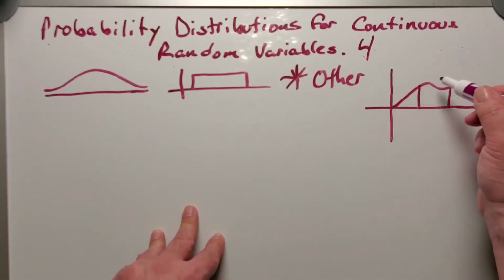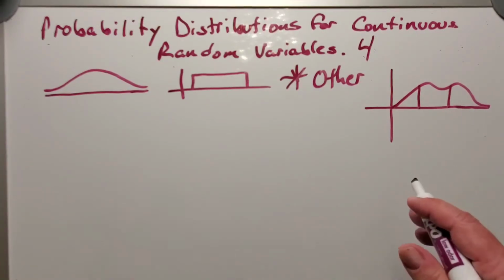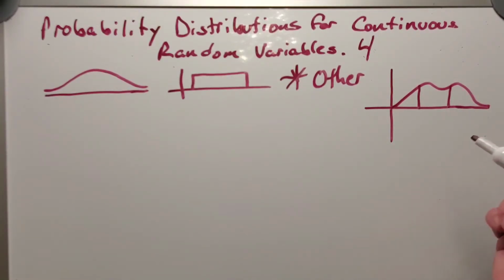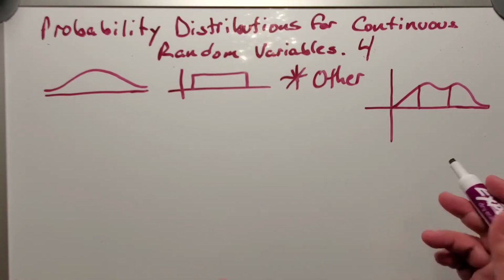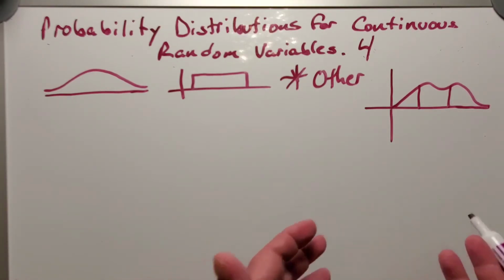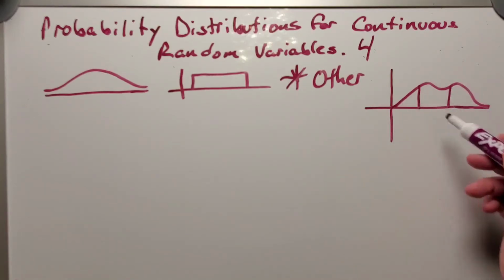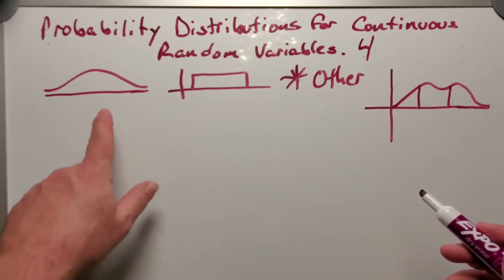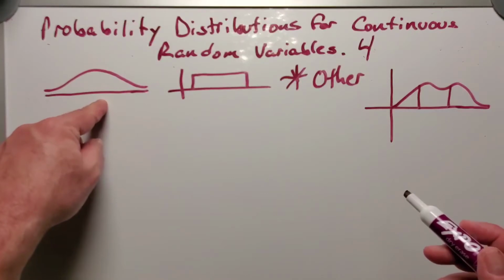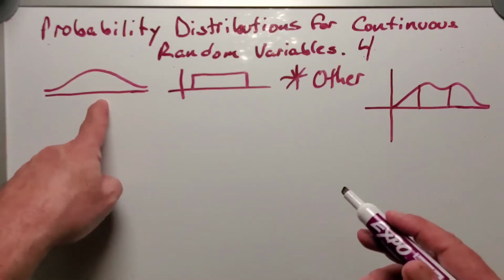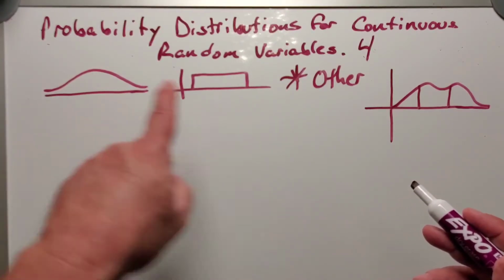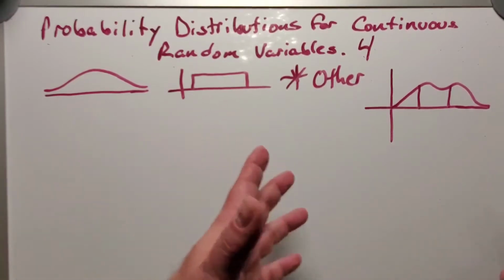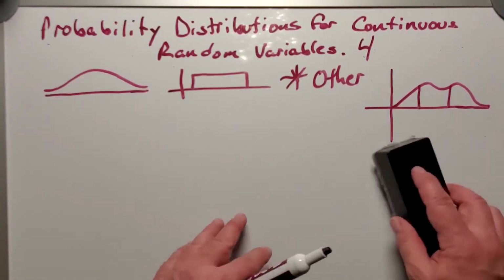Anytime a function has an area underneath it of 1 and follows a few other rules, like for example, it never dips below the x-axis and so on, we can deem it a probability distribution. But if it's curvy and we don't have some workarounds, like we do with the normal distribution with the empirical rule and so on, then we have to use calculus. So we're not going to do that.